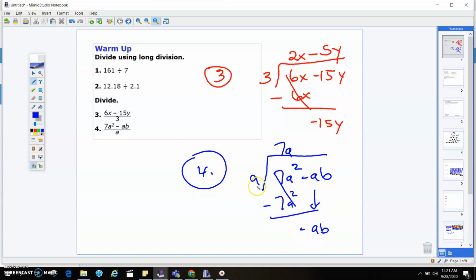And I say a goes into negative ab negative b times. Negative b times a gives me negative ab. So you always want to ask yourself what times the thing on the outside can give you the result at the end. So even if I do this and I subtract, these are going to cancel out.